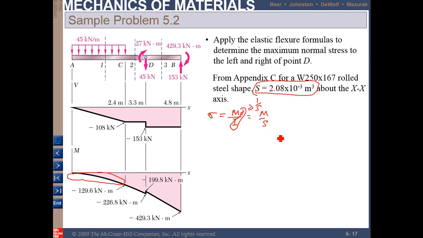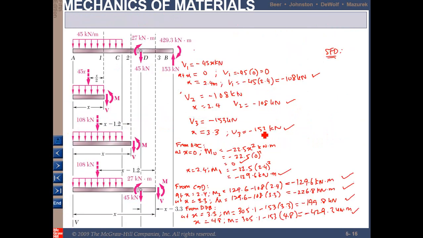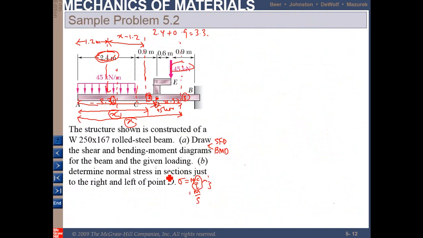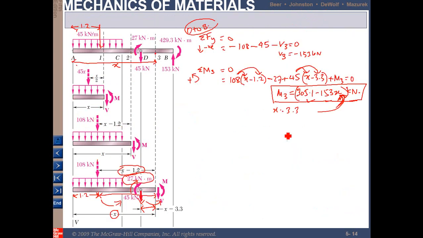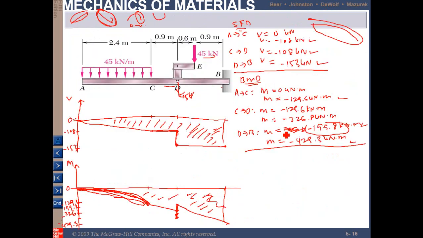Okay, so for the moment to the left of point D, because the question wants you to find to the right and to the left of point D. To the left of point D, the moment from C to D is 226.8.